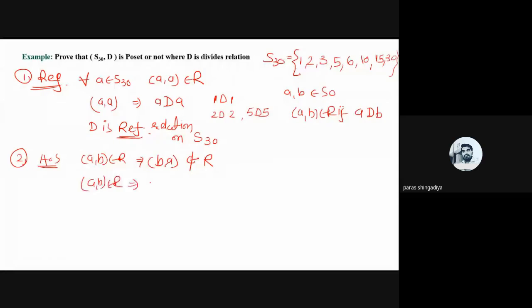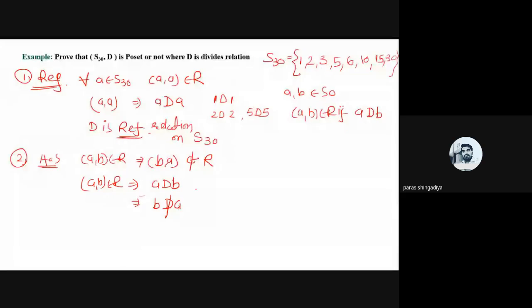A divides B. For these two numbers where A divides B, we cannot write that B also divides A. Why is it not true?